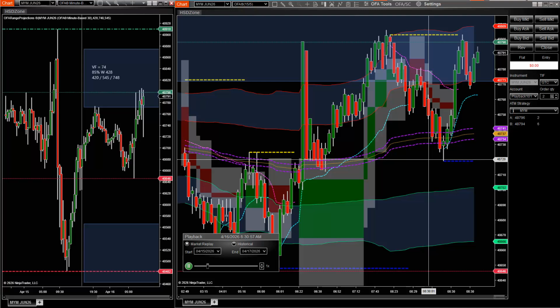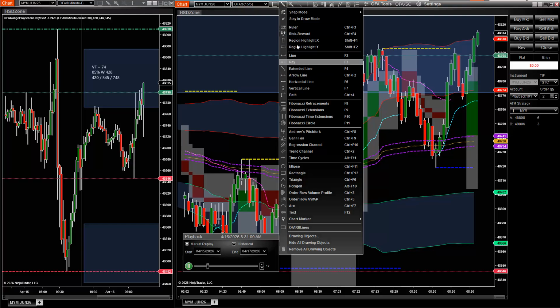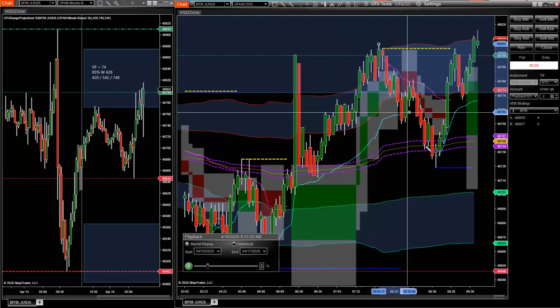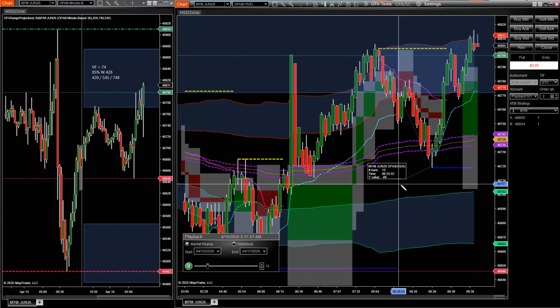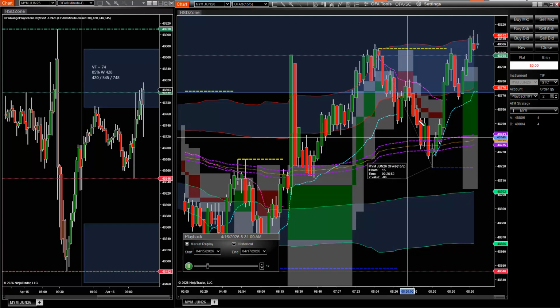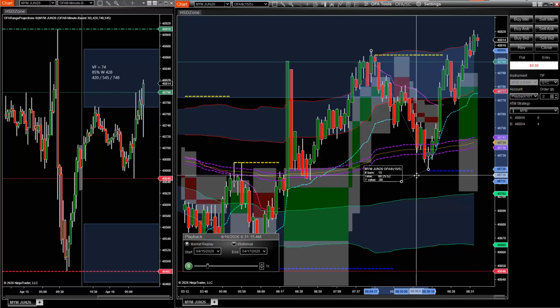Well, how far is that? If we want to be fancy about it, we can grab a little ruler tool and mark this off. And so that is about 86 points. Actually, from the open, it's probably more like here. But that tells us that our metric for noise is pretty accurate for today.